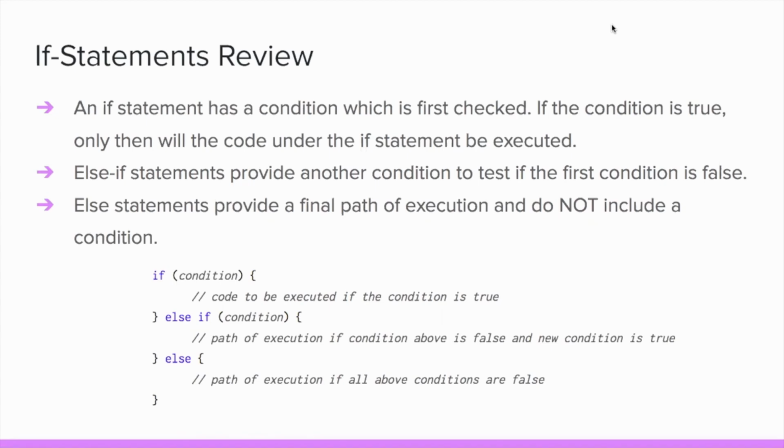If the condition is false and an else if statement exists, the else if statement will provide another condition to test. Keep in mind that you may have multiple else if statements. Finally, if all of the if statements and else if statements are false, else statements provide a final path of execution and do not include a condition.